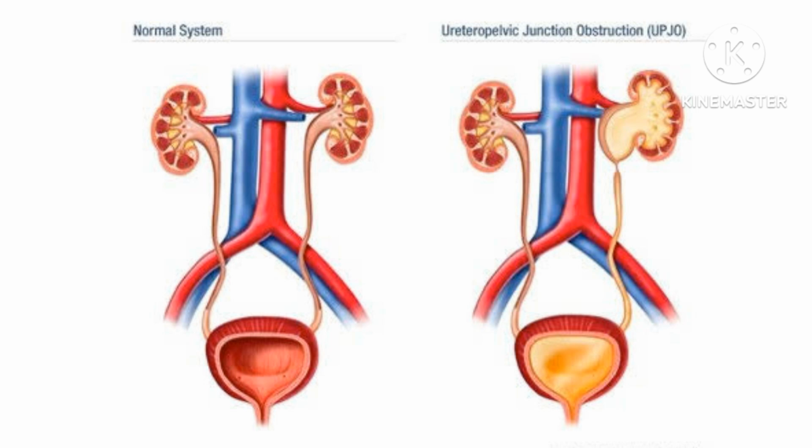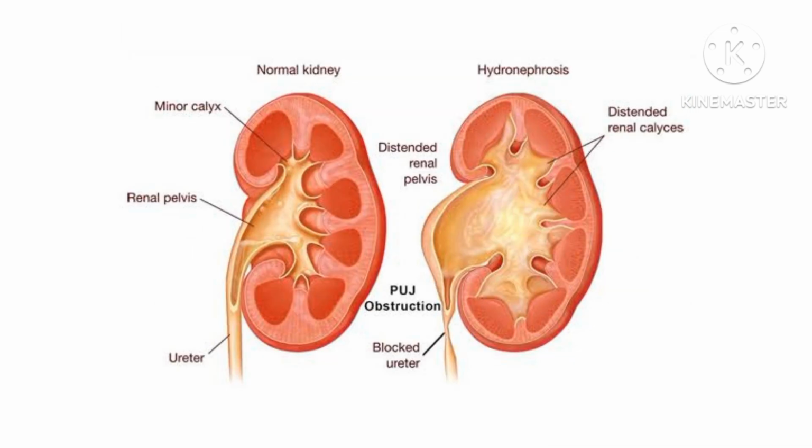Peristalsis is ineffective at the UPJ obstruction, so the kidney becomes functionally blocked and physically obstructed at this region. Congenital UPJ obstructions in children are twice as common in male individuals as in female persons, with the left side involved twice as often. The incidence of this condition is estimated to be 1 in 1,000 to 1,500.